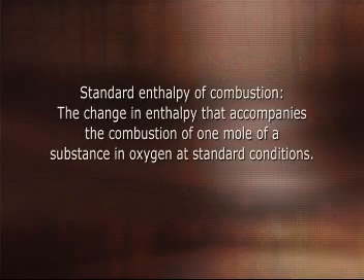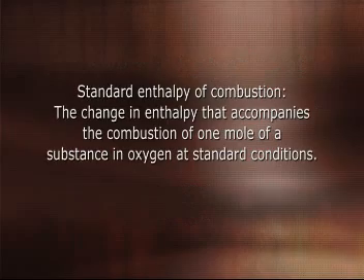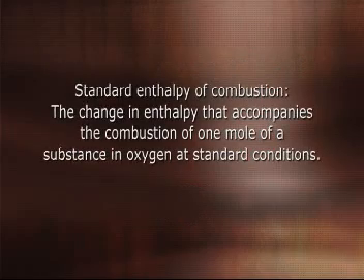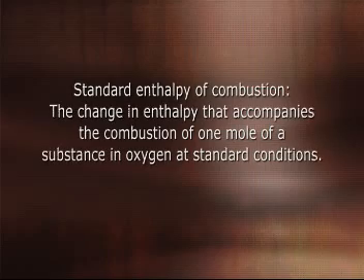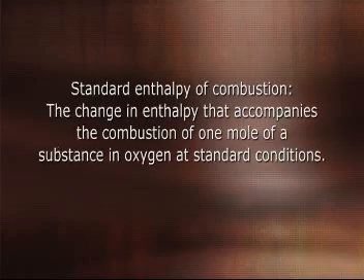The standard enthalpy of combustion is the change in enthalpy that accompanies the combustion of 1 mole of a substance in oxygen at standard conditions. I am sure you remember that enthalpy is a measure of the total energy of a thermodynamic system at constant pressure.